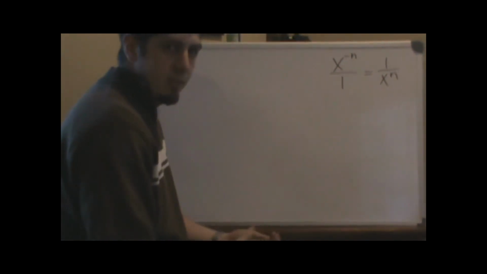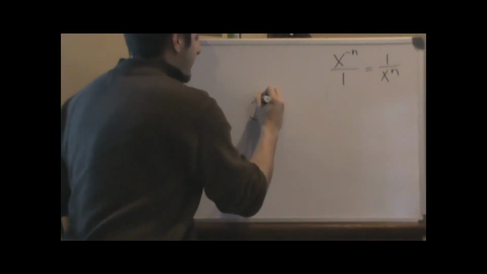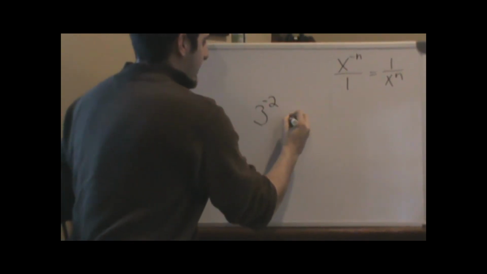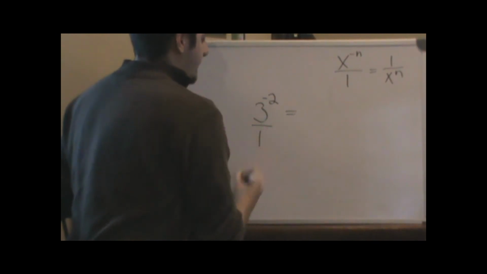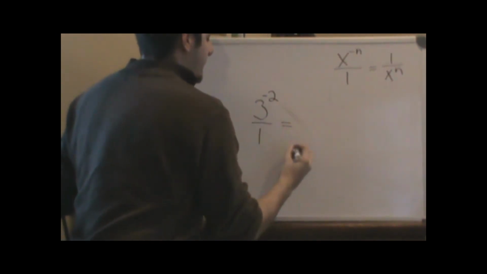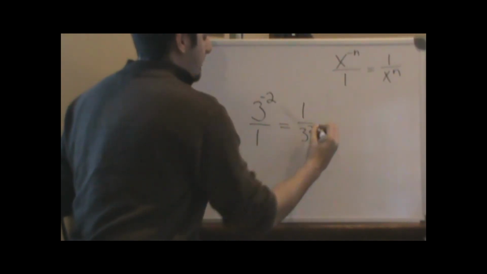And for the last part, just in case you're not sure you really believe that this stuff is true, get out a calculator or pop one up on your computer and test it out. 3 to the negative 2 power over 1 is equal to 1 over 3 to the second power.